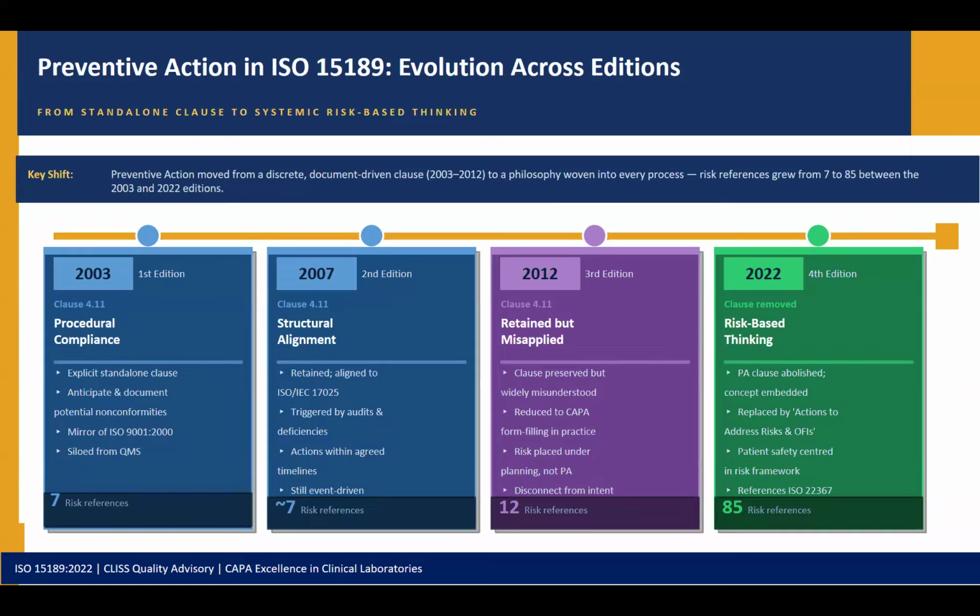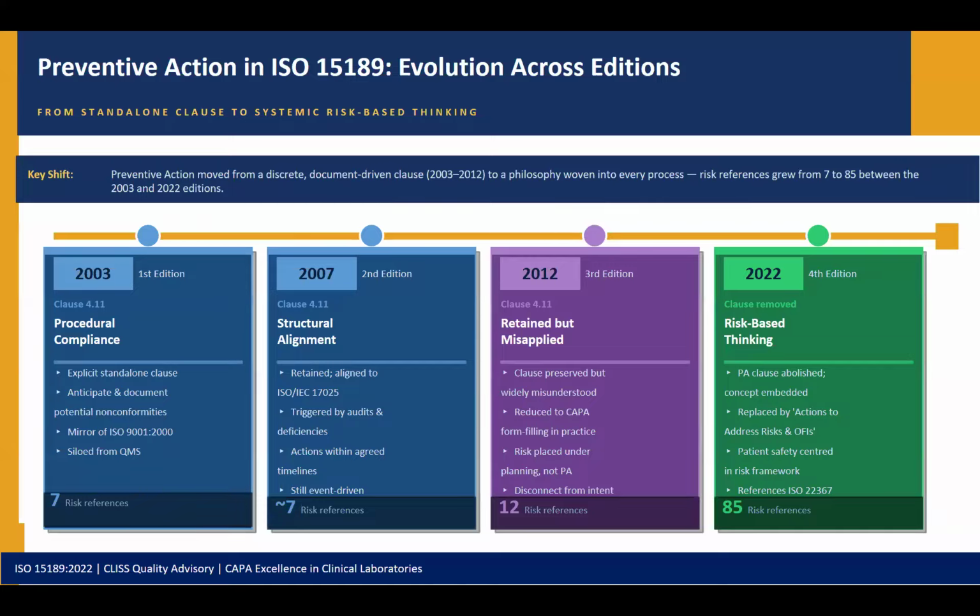And then we saw some structural adjustments that gave birth to the 2007 version. In this instance, we saw preventive actions being triggered by audits and other deficiencies, and actions expected to be implemented within agreed timelines.